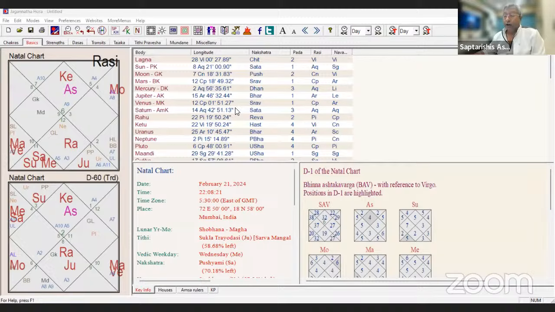Now, what is our Dagdha Rashi? In a question of health, write this down: 6, 8, 12, and 3. These lords become significant.